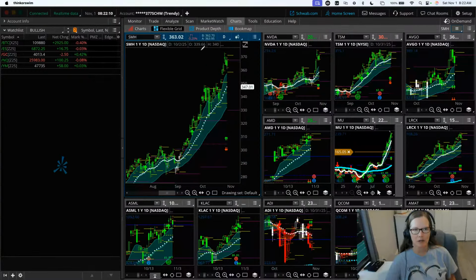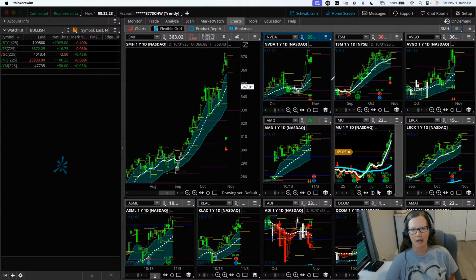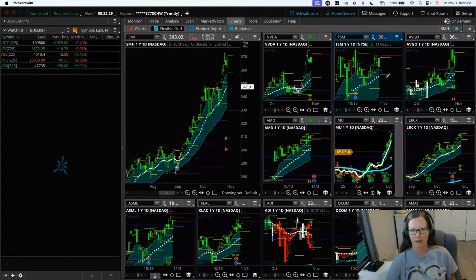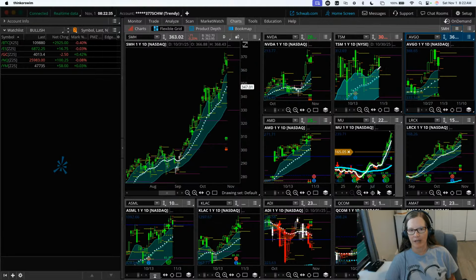So let's start here with the semiconductor sector since I have it pulled up and look at the names. The first criteria that I want to see, because I'm looking for bullish plays, is names that are above the daily cloud. This is an EMA cloud.